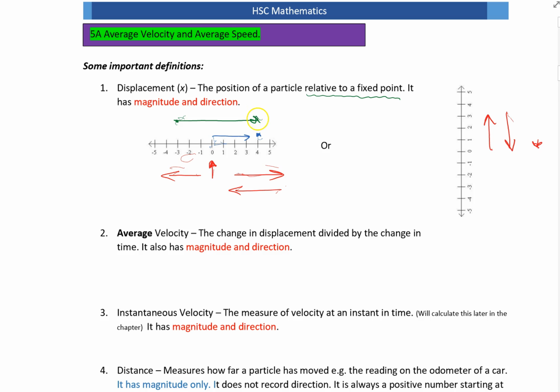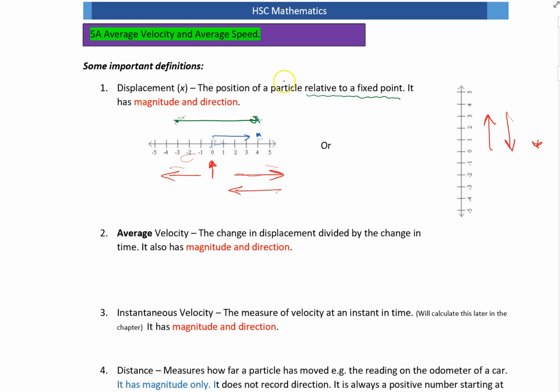So this green particle has displacement of 4. However, it's had a change in displacement of 7. A change in displacement. So now we've got to distinguish between displacement and change in displacement. Now that's what I'm saying about the importance of paying attention to small detail.